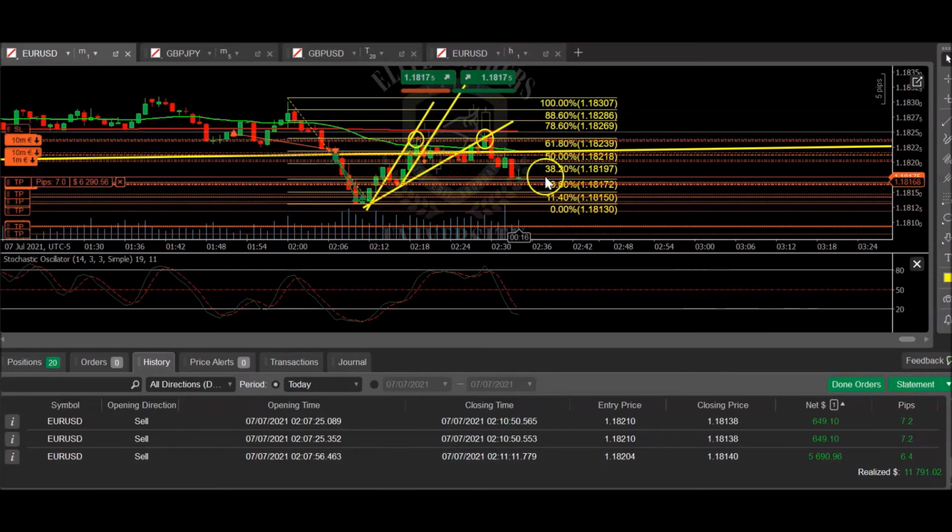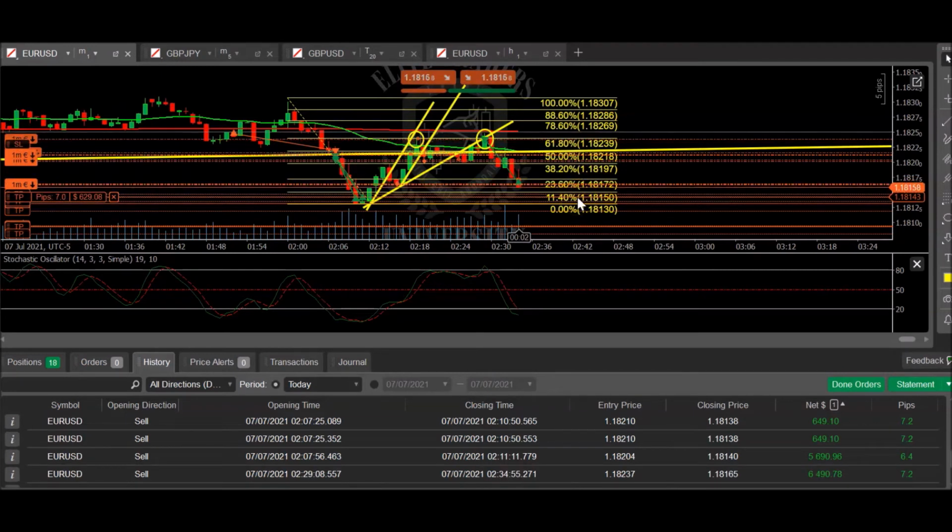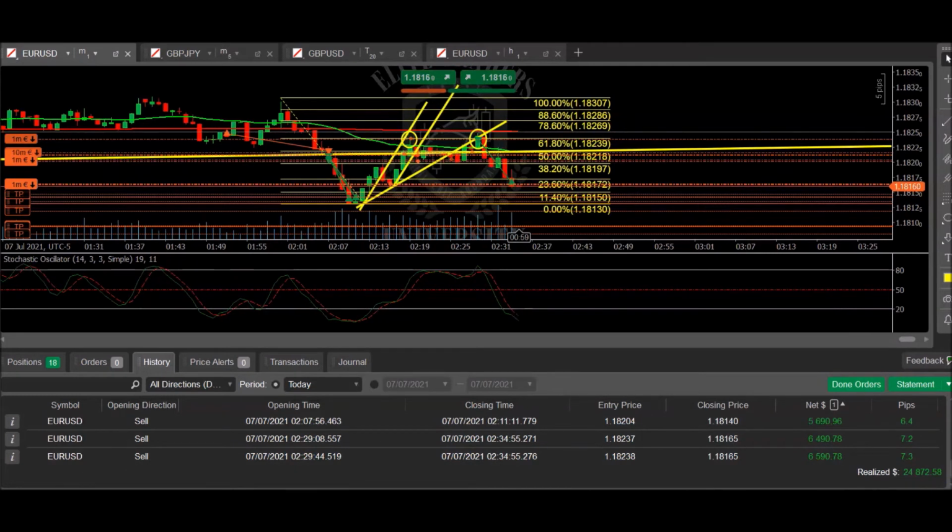Notice prices moving down from those various Fibonaccis that have been up. So down from 61, down from the 50, down to 38, next down to 23.6. And it'll work its way down. Next move, 24,872.